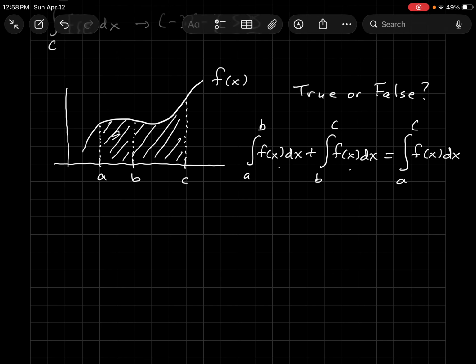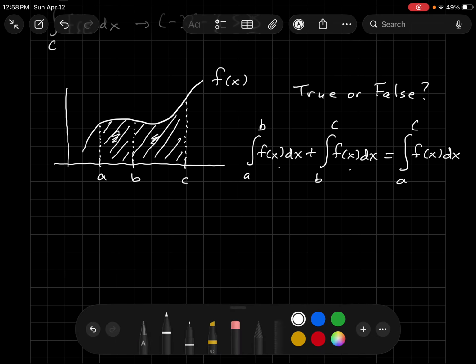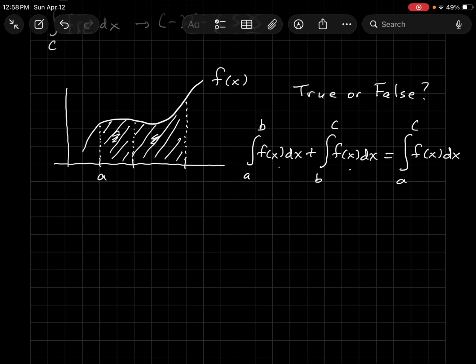So does part plus part equal whole? And the answer is yes. What if I do the following, though? What if I leave my equation alone, but I change the position of b and c? Is this still a correct statement?